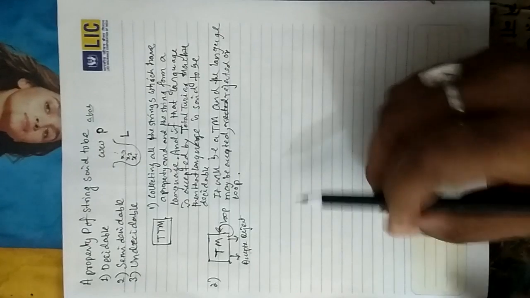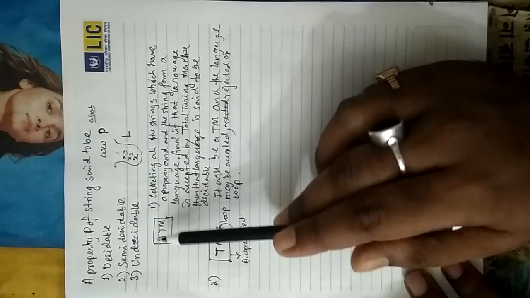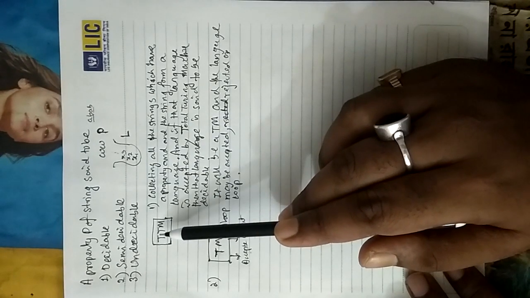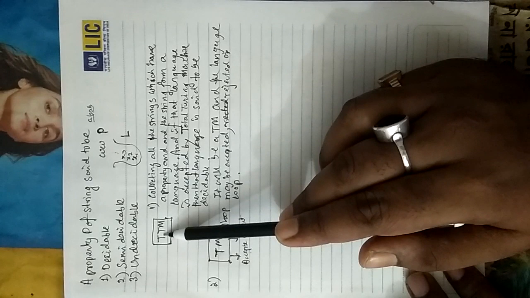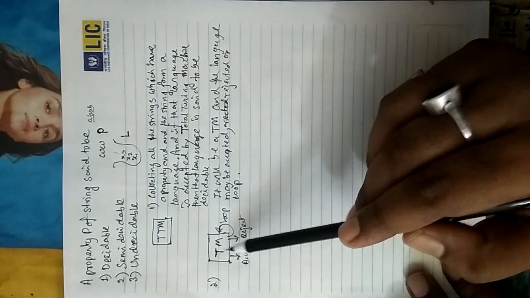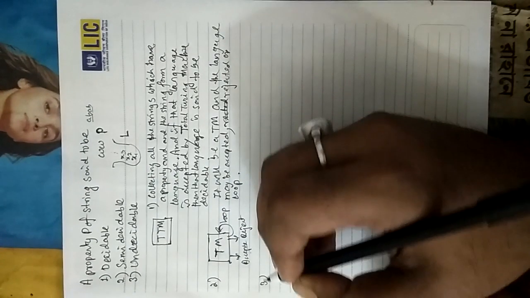So in case of decidable, we imagine a total Turing machine and the language will be accepted or rejected by the total Turing machine. In case of semi-decidable, it will be only a Turing machine, so the language may be accepted, rejected, or looped. And number 3, as you know, is undecidable.